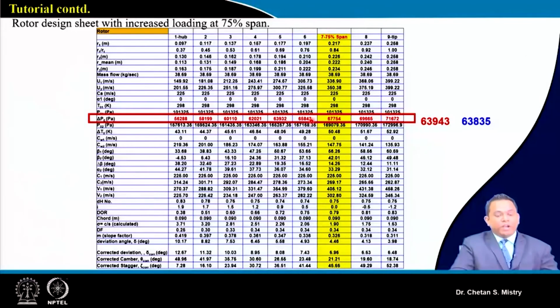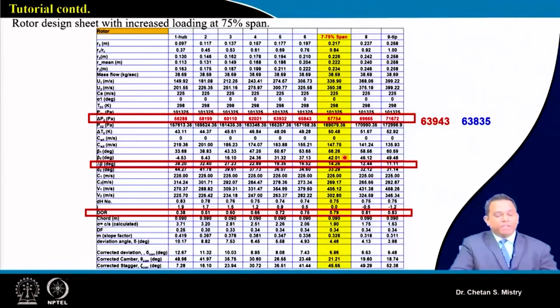Okay. Now when we are doing this, we need to keep an eye on, as we discussed, my delta beta. This is what represents my delta beta, which is varying from 38 to 11. Okay. In the same way we are watching the degree of reaction. Since this has higher rotational speed and my diameter is also slightly on the higher side near the hub region, that's the reason the degree of reaction is not a problem.